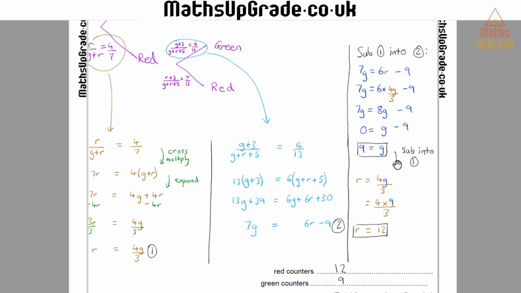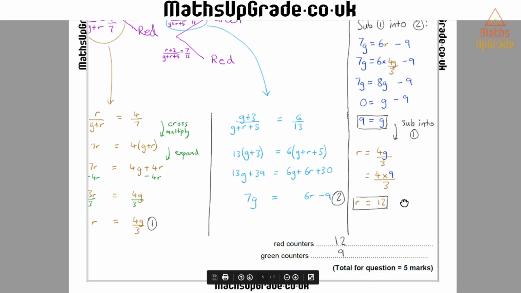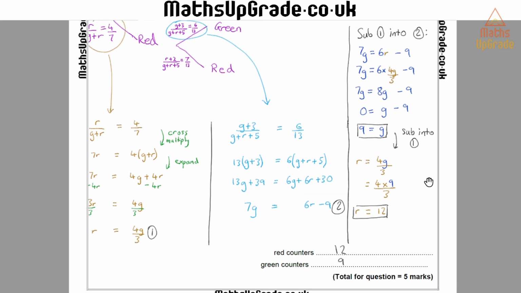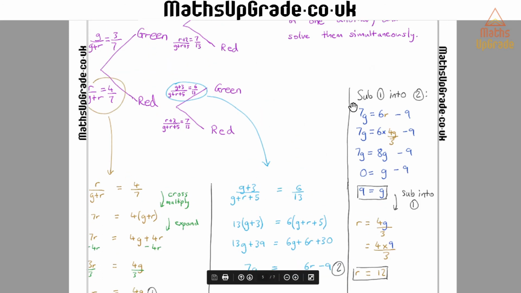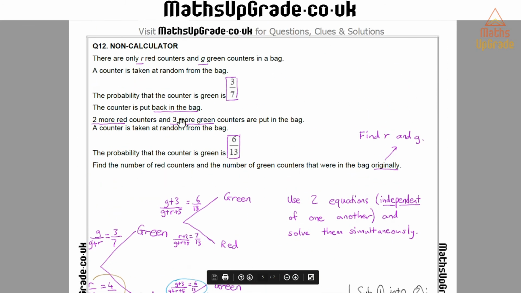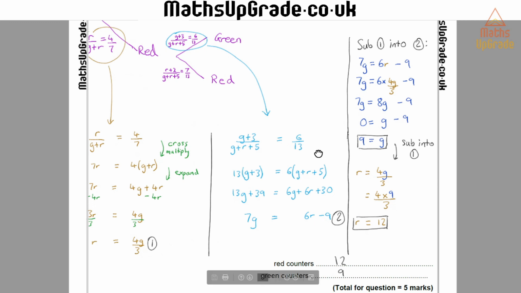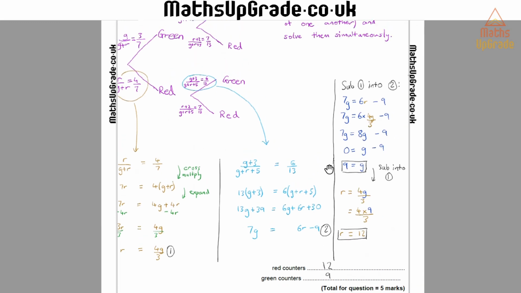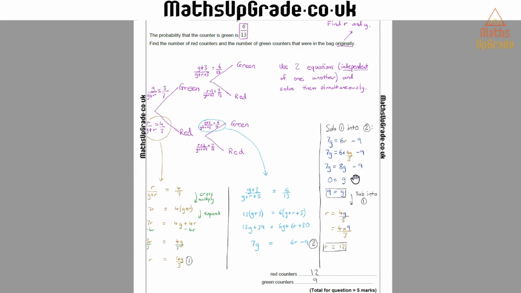If I substitute that into just this simple equation here, I get the value of R, which is 4 times 9 divided by 3, which is 12. So the number of red counters must have been 12, the number of green counters originally must have been 9. I can always check these values by applying them just into the information here and see if they're correct, and indeed they are. So that was 5 marks, a very tough question involving multiple topics.